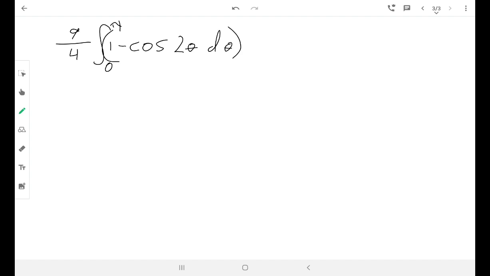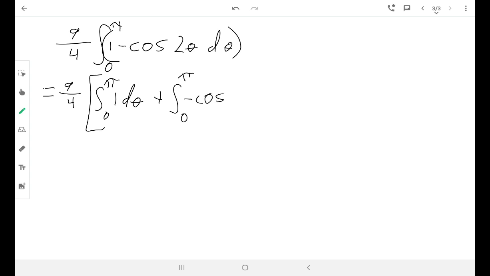And of course you can split that up. You can call it 9/4 times, you can do the integral from 0 to pi of 1 d theta, plus the integral from 0 to pi of negative cosine 2 theta d theta, like that.